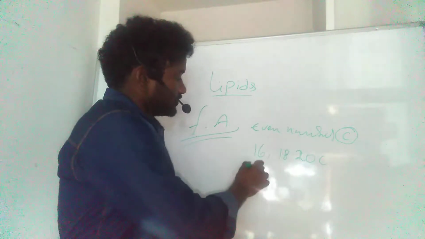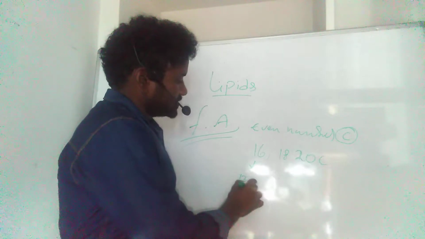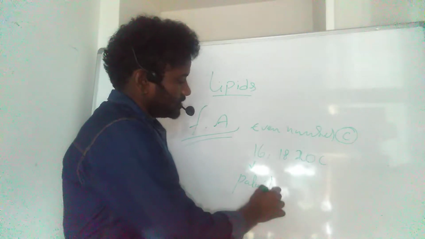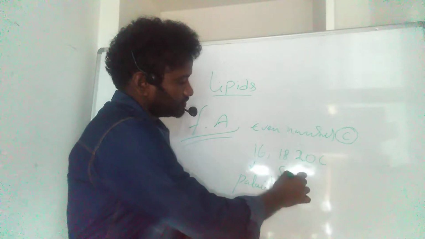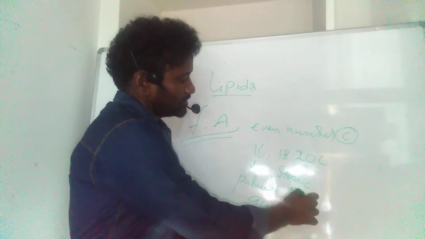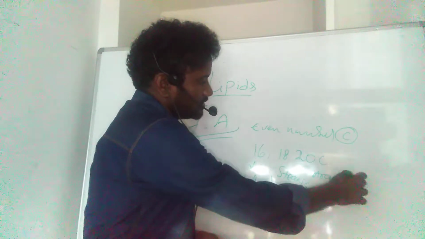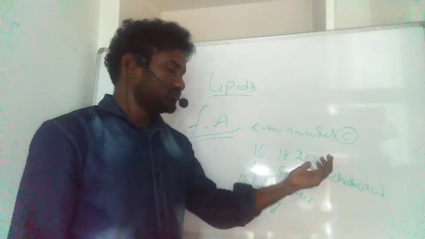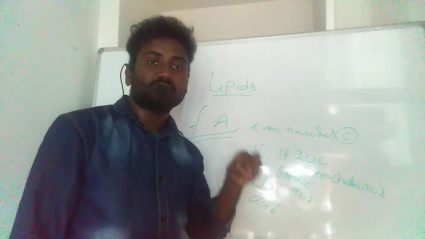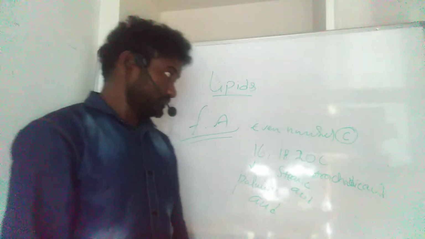The 16 carbon fatty acid is palmitic acid, the 18 carbon is stearic acid, and the 20 carbon is arachidic acid. These are the 16, 18, 20 carbon fatty acids which are probably found in biological membranes.